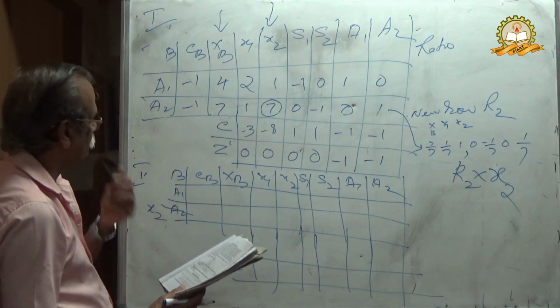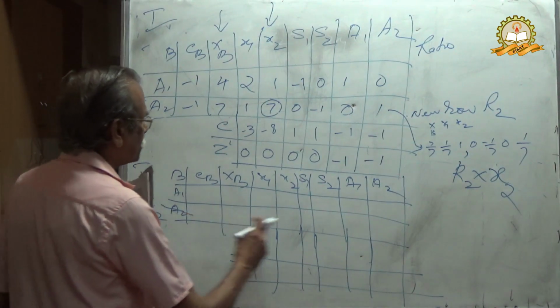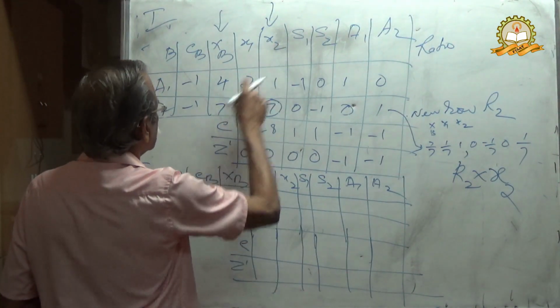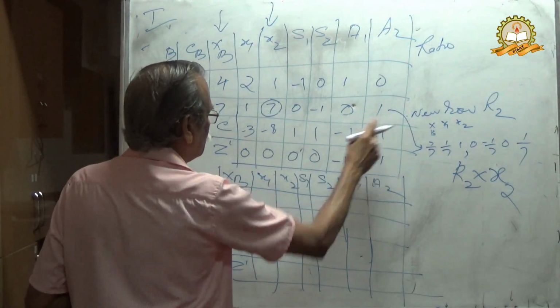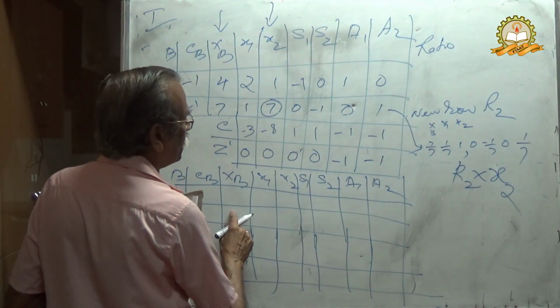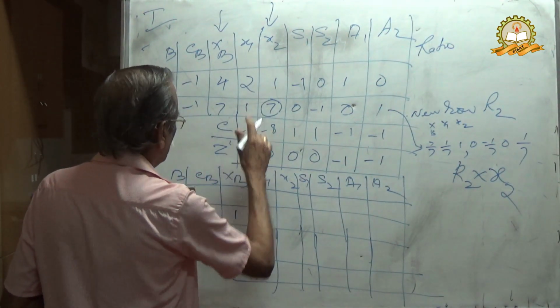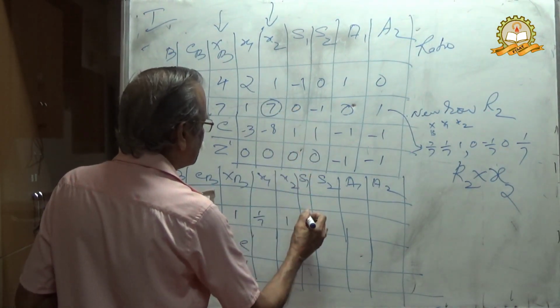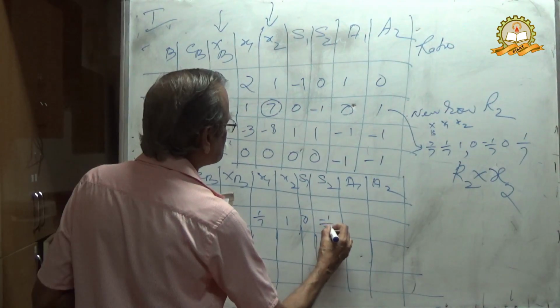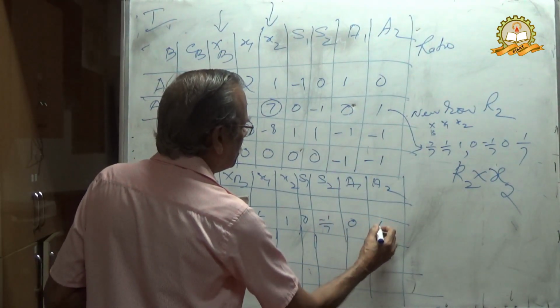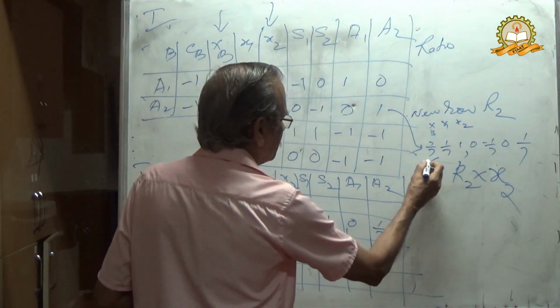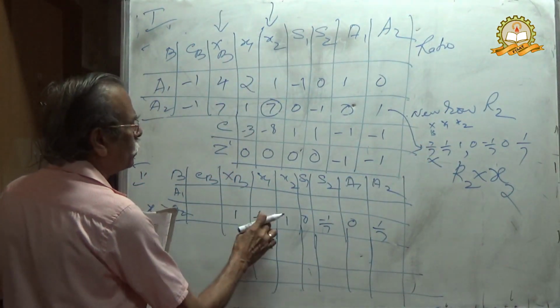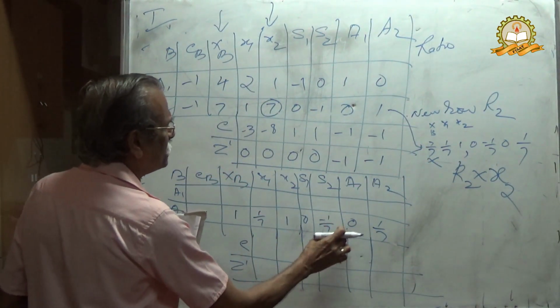Therefore, under this column X2, new R2 will be 1, 1/7, 1, 0, minus 1/7, 0, 1/7. That is the number written here.